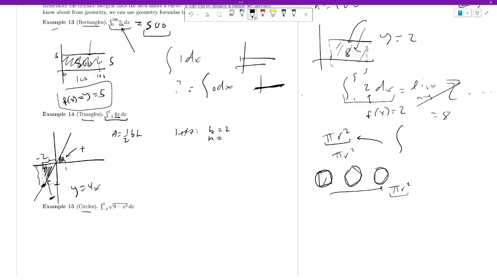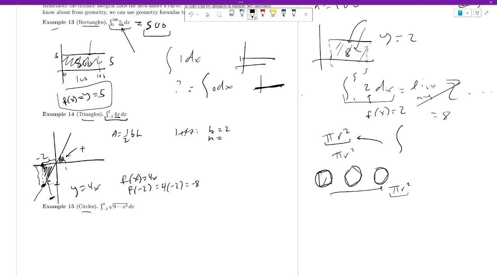How could I possibly find that y value? Well, remember, this is our function, right? f of x is 4x. How do I find the y value at a specific x value? This y value is the height of the function just below this, where x is -2. So I need to just plug in -2 into my function, and that'll give me the y value right there, below -2. So 4 times -2 is -8.